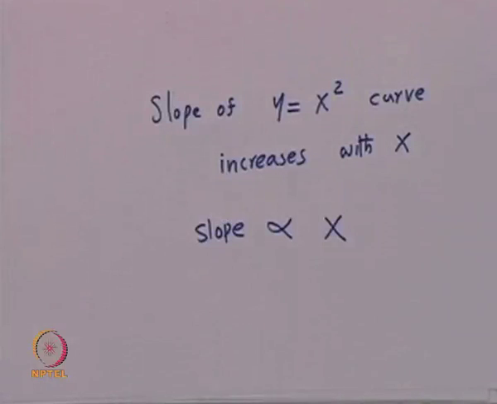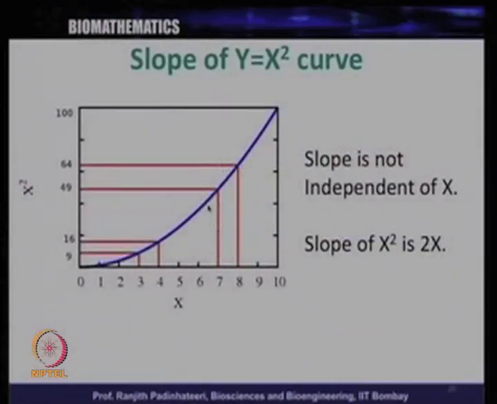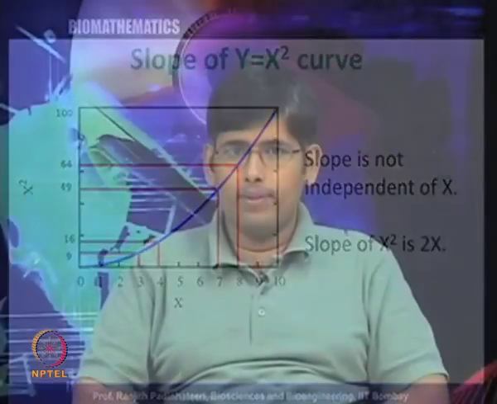That means the derivative of y equal to x square is proportional to x. It turns out that the slope of x square is 2x. In other words, the derivative of x square is 2x. We will see how we understand this, and what it means, in the next class. But at this point just understand that the slope here is not independent of x, it depends on the value of x. It is unlike y equal to x and y equal to 2x.